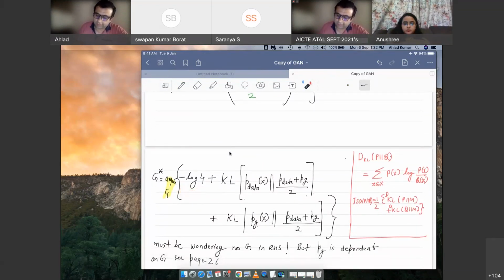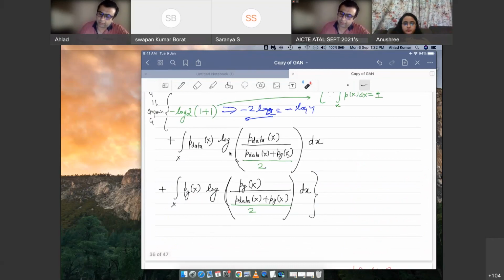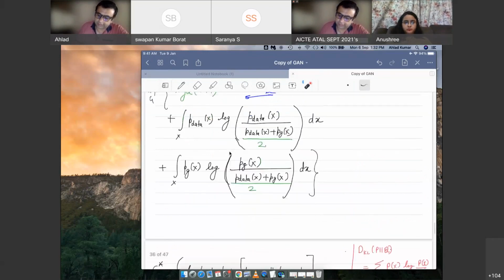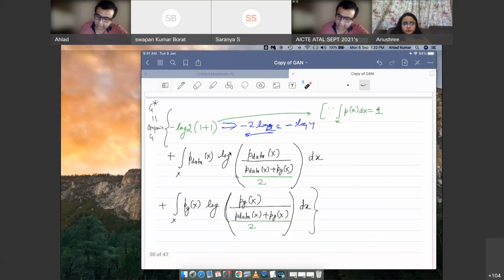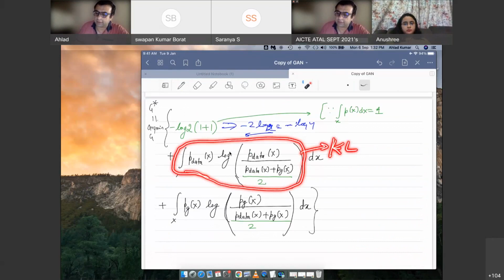And then we have an interesting concept which is coming out here. That is, this particular term which you have here is actually a KL divergence, which we started off with.